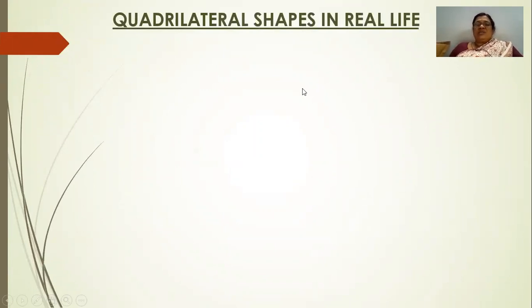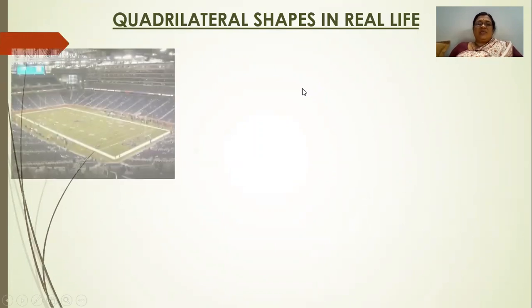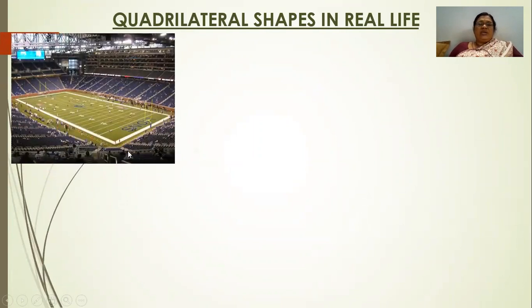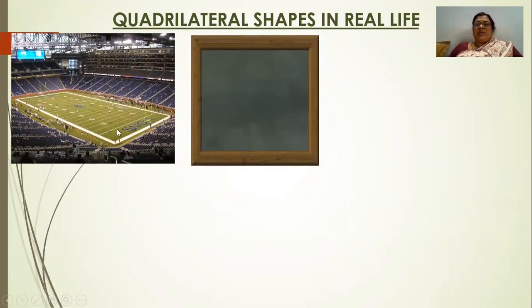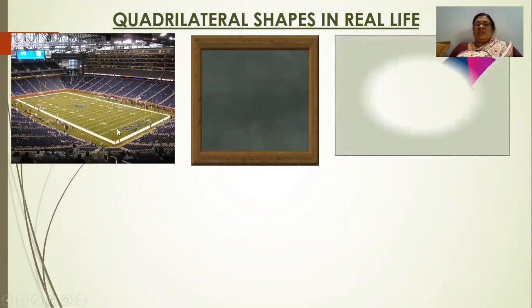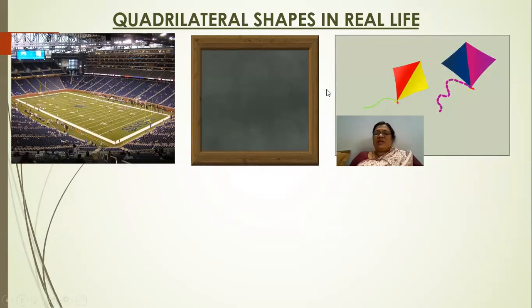So let us see some of the shapes which we observe in our real life. See, this is a playground, stadium, and this is a blackboard, and these are kites, isn't it? You students like to fly these kites.